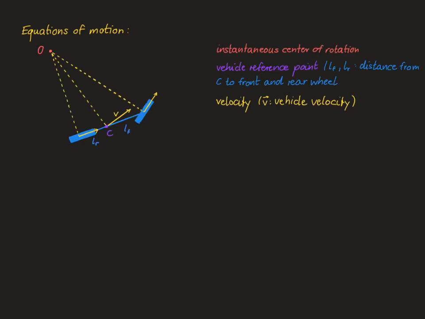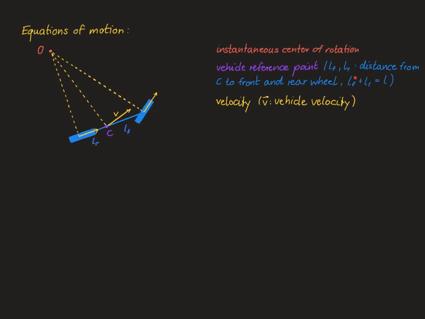Next, let's derive the equations of motion for the kinematic bicycle model. Here's a little sketch of our kinematic bicycle model in blue, with the instantaneous center of rotation in red, and we have chosen a reference point C on the kinematic bicycle model, and we call LF the distance between C and the front wheel, and LR the distance between C and the rear wheel.